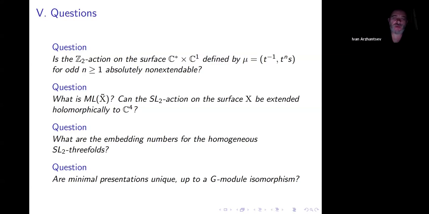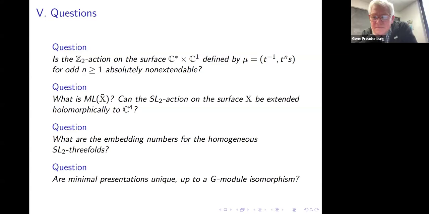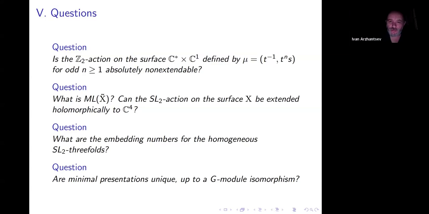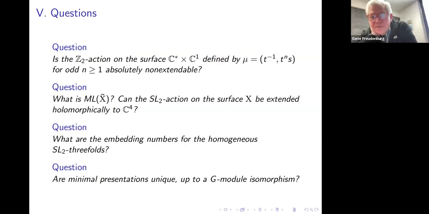And concerning the question which we have on this slide about holomorphic extension of SL2. So this is a lack of my education. By a result of Panyshev, we know that any SL2 action on C4 is linearizable in the algebraic category. But are there other examples of holomorphic but not algebraic action specifically for SL2? Yes, but maybe not on C4, right? I think Derksen and Kutzschebauch gave examples for all algebraic groups, right?